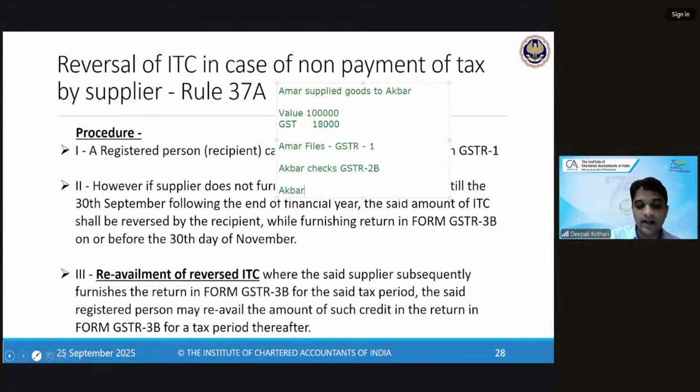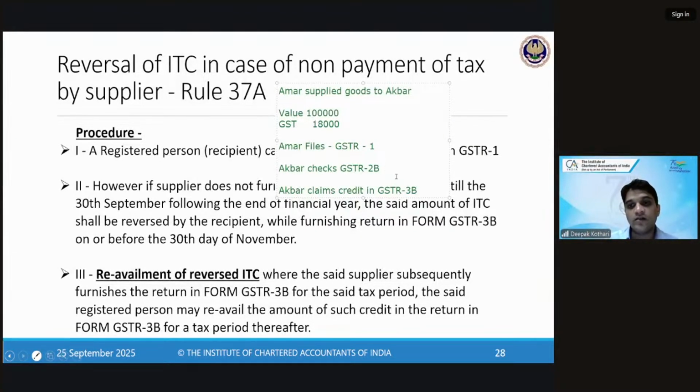Akbar claims credit in GSTR 3B. Now he's claimed it. Everyone has given a correct answer that he has to claim it, and he's claimed it, based on the auto-generated GSTR 2B, if it is appearing.